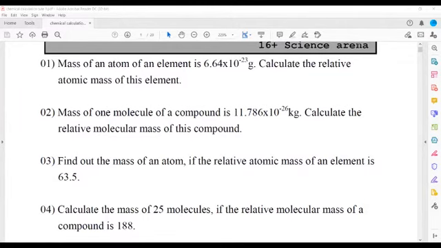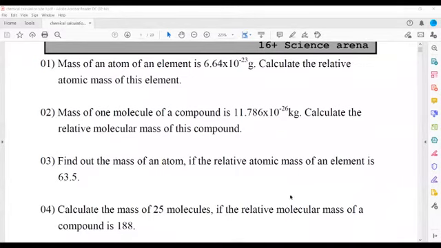Okay, these are the problems which you will get from relative atomic mass, relative molecular mass, atomic mass unit. So I'm going to do all the problems which are coming under these two topics, okay? Relative atomic mass, relative molecular mass. There are 4 more questions. After that, the topic I have taught you and the questions also I have completely done.